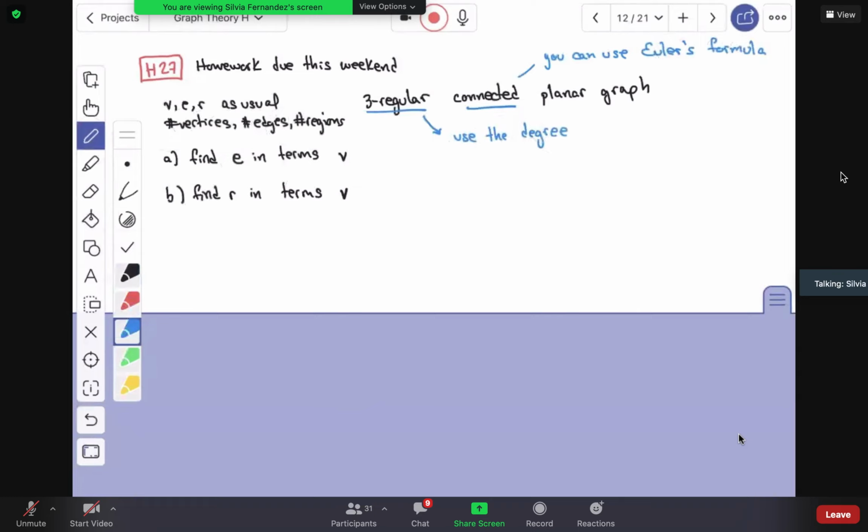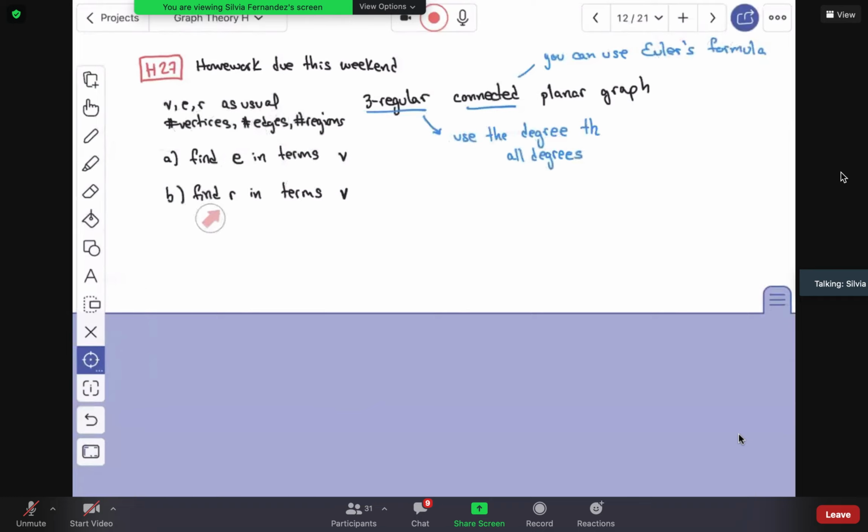Because the degree theorem tells you that the sum of the degrees, and in this case, we don't know how many vertices we have, but they're asking us to give the values of E and R in terms of V. So because the graph is regular, all the degrees are 3.